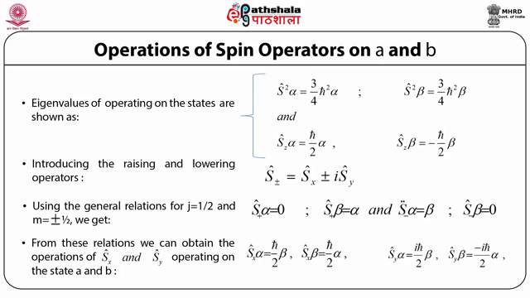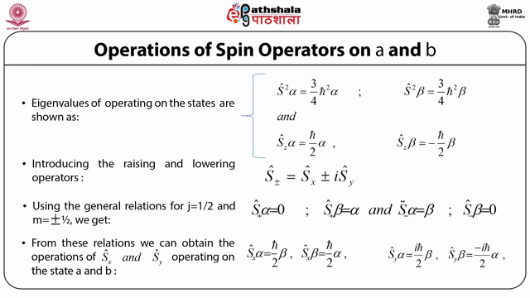And when we operate these operators on the eigenstates alpha, that is spin up, and the eigenstate beta, that is spin down, we get operator Sx acting on eigenstate alpha gives h cross by 2 times beta, which means that the x component of the spin operator acting on spin up state returns an eigenvalue of h cross by 2 and an eigenstate spin down.